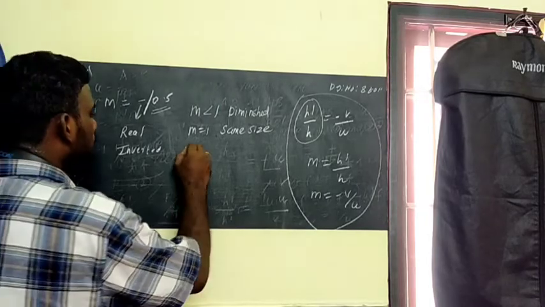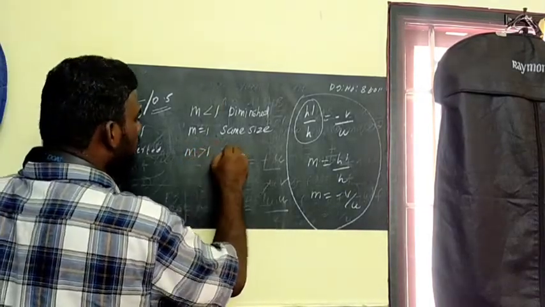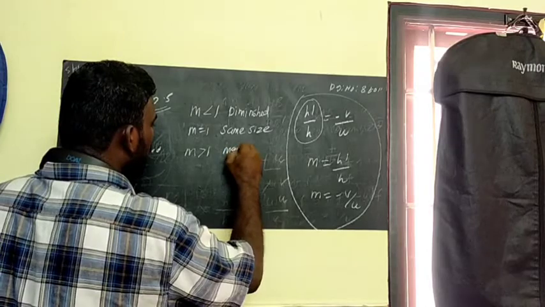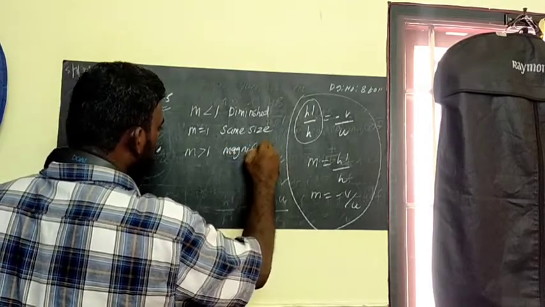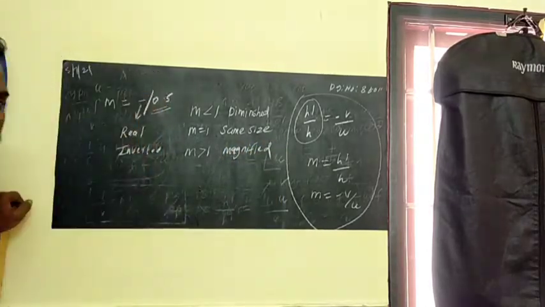If m is greater than 1, it is called magnified, which means the height of the image is greater than the height of the object.